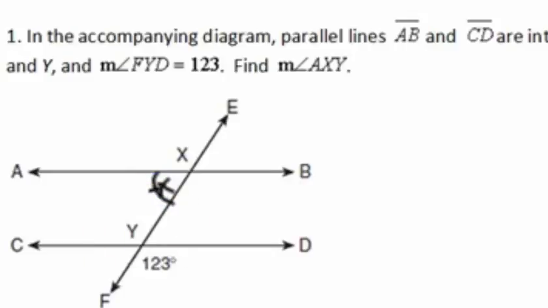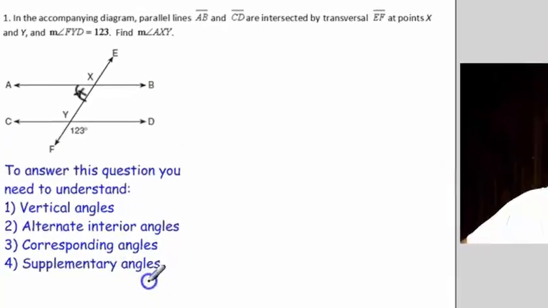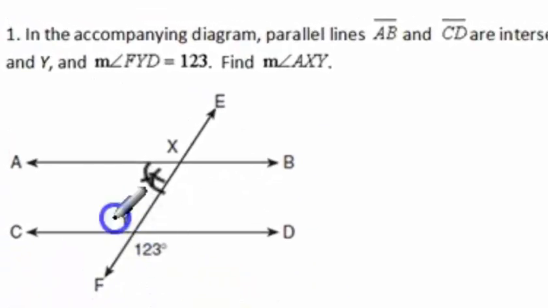So to answer this question, you need to understand vertical angles, alternate interior angles, corresponding angles, or supplementary angles. So here we have vertical angles. We know vertical angles are congruent. So this 123 is equal to this one right over here. And then we also have alternate interior angles.